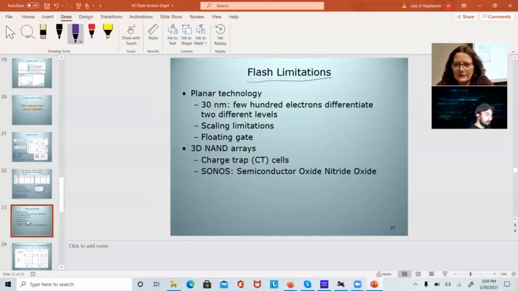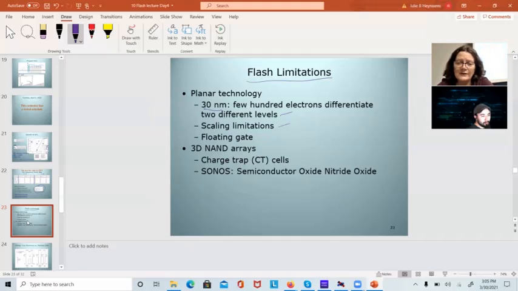Now, one of the things that is hitting really hard on flash right now, even at 30 nanometers, is that it only means you have a few hundred electrons to differentiate between the different levels. The accuracy is getting way worse. Going down to smaller processes means I have fewer electrons.